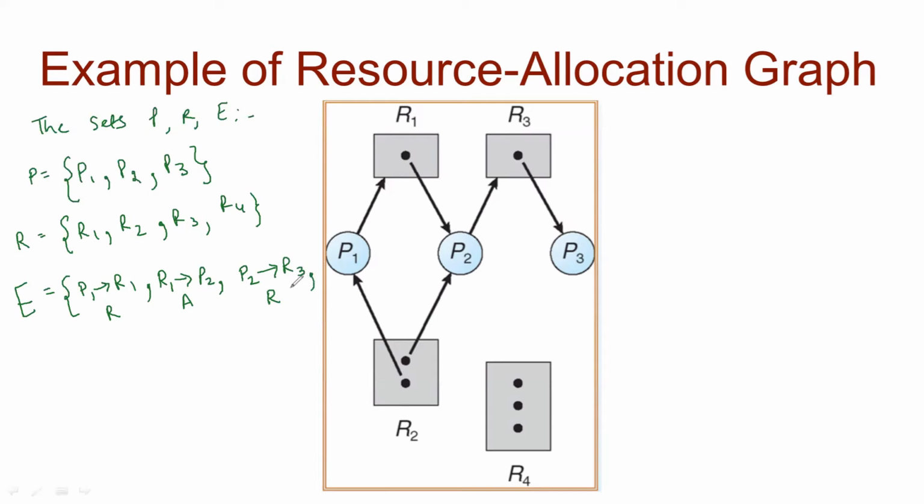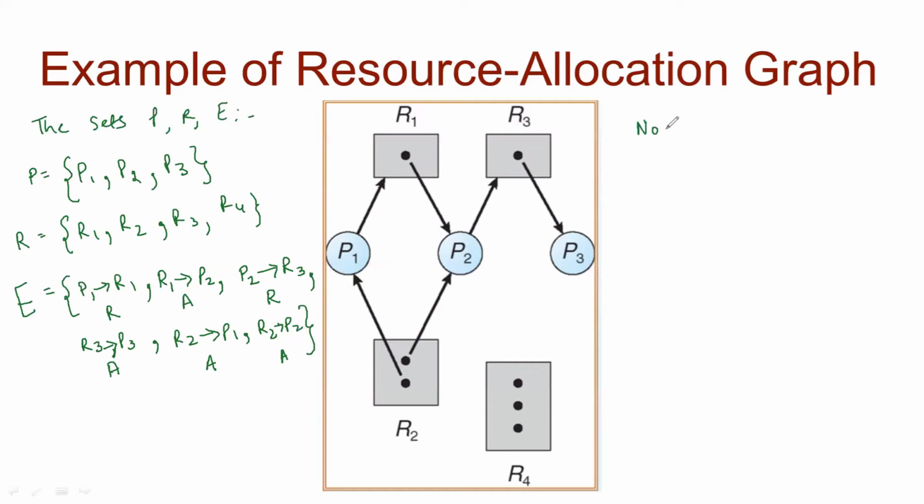Any edge from a process to a resource is a request edge. From R3 to P3 is an assignment edge. Then R2 to P1 is an assignment edge. R2 to P2 is again an assignment edge. So this is the set of all edges in this particular resource allocation graph.